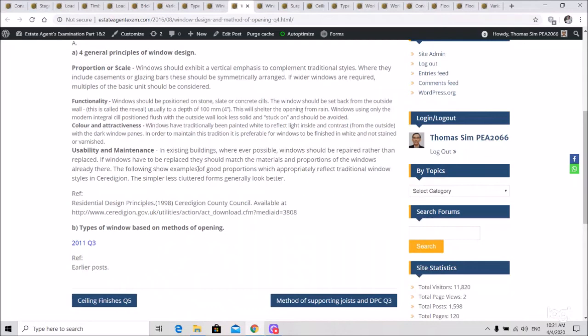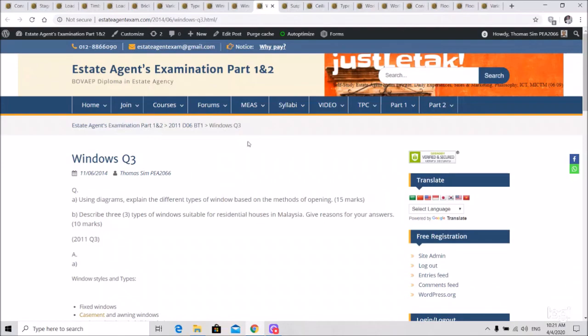So you probably want a window design that avoids so much maintenance. So again, this is functionality and also the purpose of aesthetics, the way it looks. Types also have an effect on the maintenance required.